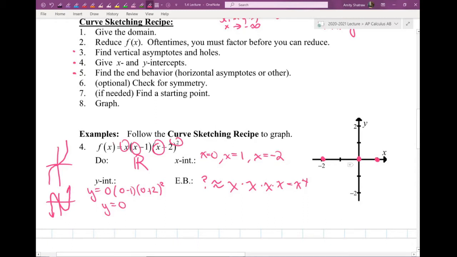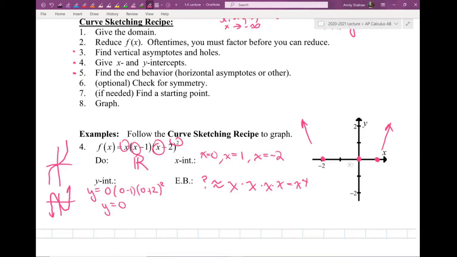So I know that I have this and I have this, right? And I'm trying to remember how to know when it bounces off. Oh, right. Okay, so now let's try to actually graph this thing, with the idea that we know that it's like an x cubed, but it's x to the fourth, and it's going to bounce down, it's going to go up, and it's going to go down.